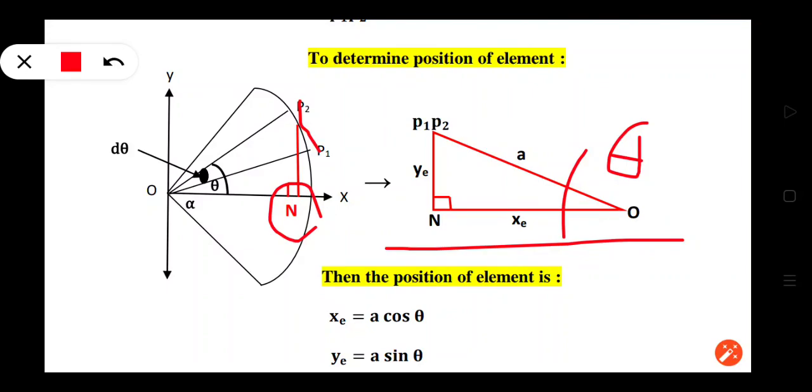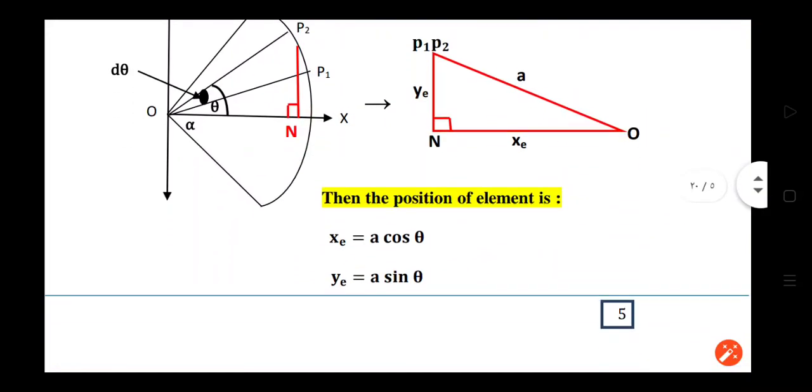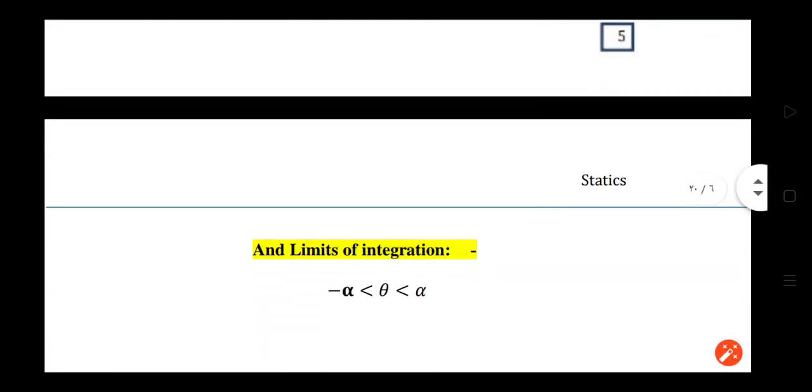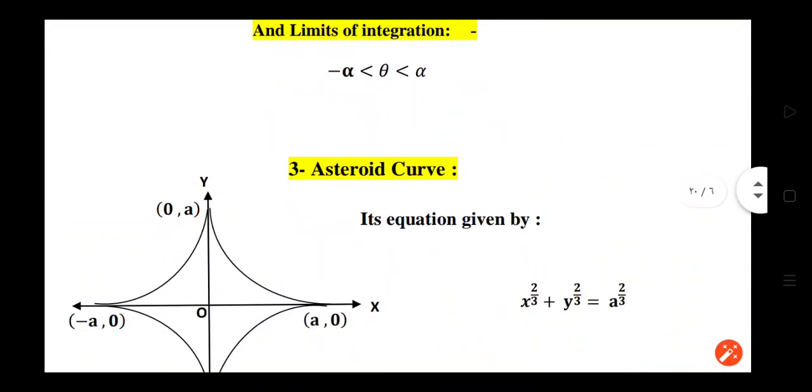So we can find x_e and y_e. x_e is equal to a cosine theta, and y_e is equal to a sine theta. To find the limits of integration, where the central angle is 2 alpha, theta is between negative alpha and alpha. The limits of integration are negative alpha and alpha.